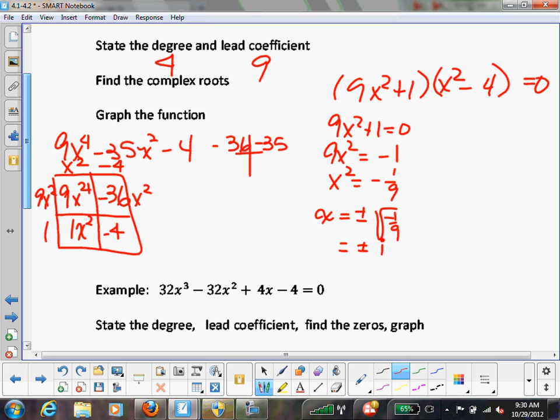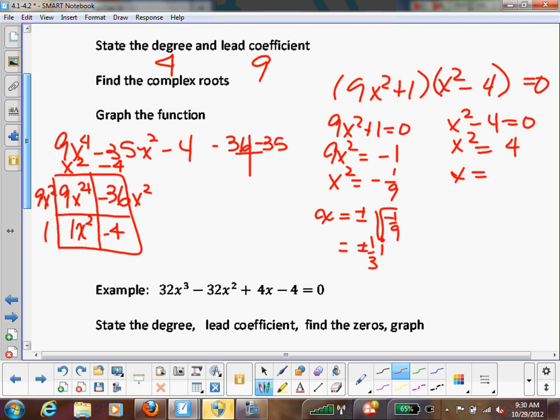What's the square root of 9? So isn't this 1/3 i? Right? Are we good? Okay. Here I'm going to say x squared minus 4 equals 0. So x squared is equal to 4. So what does x equal? Yes, don't forget your plus and minus because it will mess with your answer.